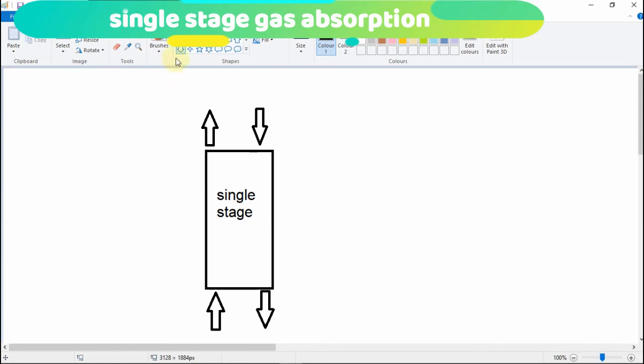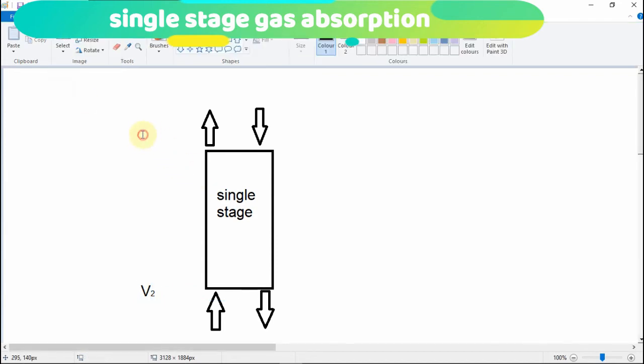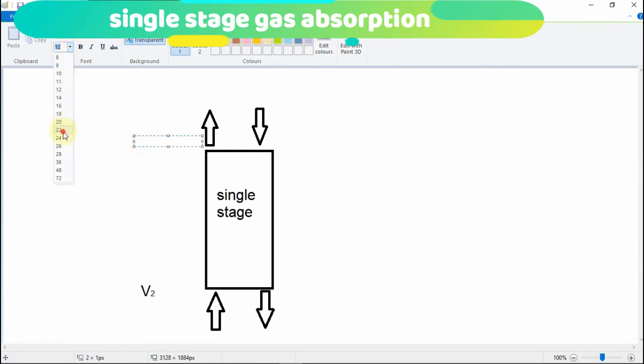Next is to write down the denotation of these streams. For a single stage, the inlet gas will be V2, and the outlet gas will be V naught.